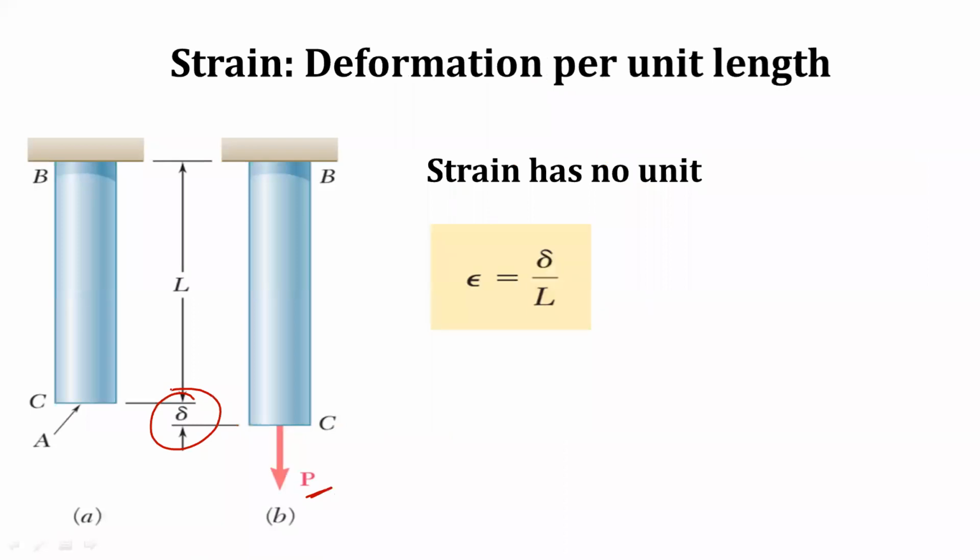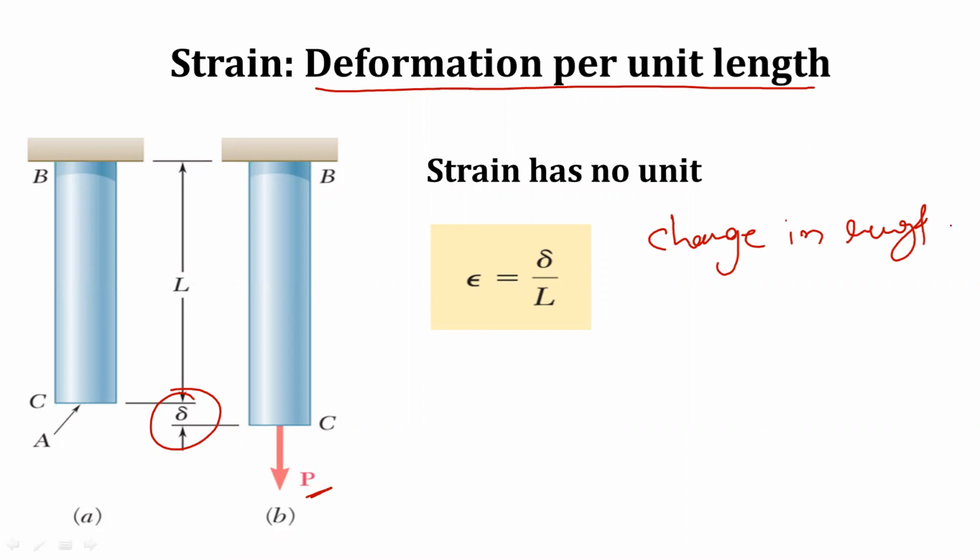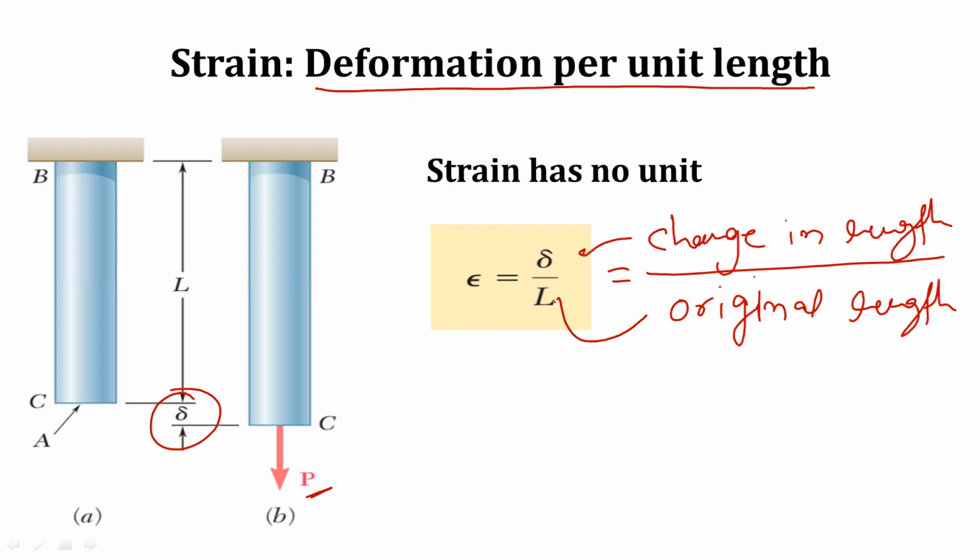As per the definition, the strain is equal to delta upon L, that is change in length divided by original length. Here, change in length is delta and original length is L.